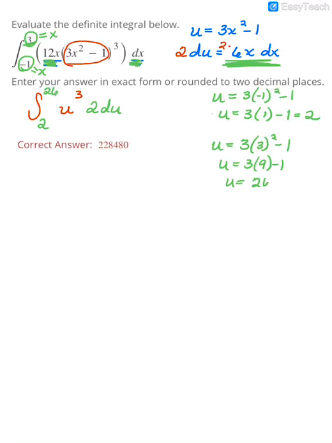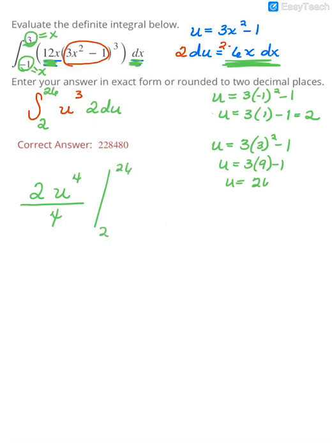Okay, so now we are ready to integrate. Remember, the 2 is just a constant, so we can just pull it out to the front. We're going to add 1 to the power, so 3 plus 1 would give us a 4, and then we divide by that new power of 4. And then, of course, we're evaluating from the endpoints of 2 to 26.